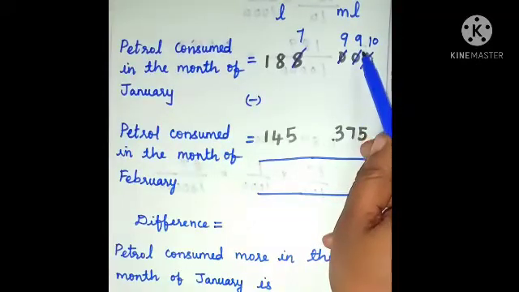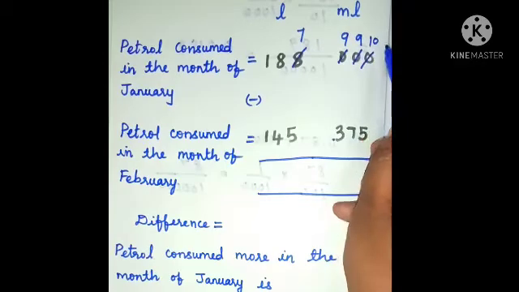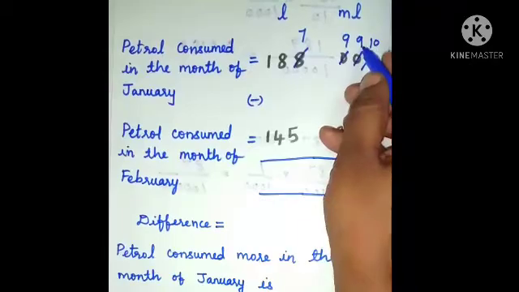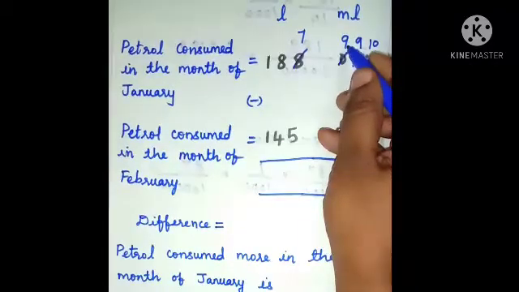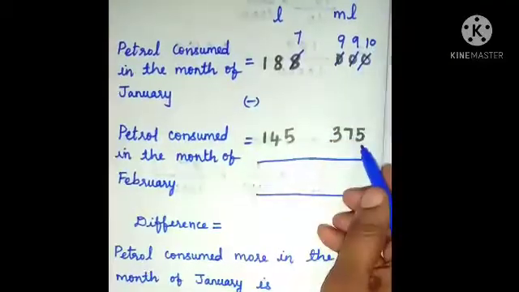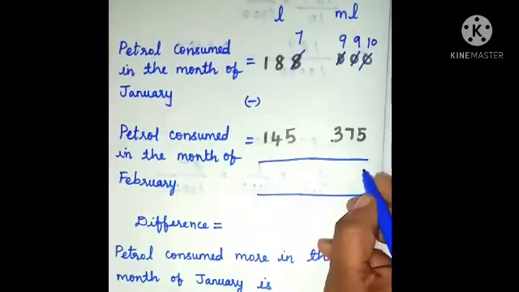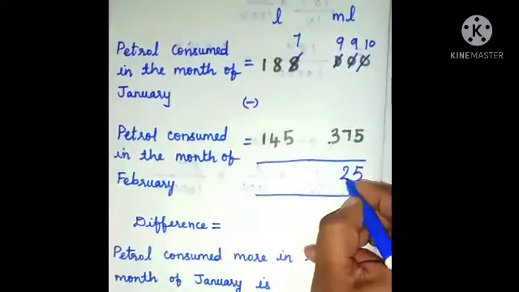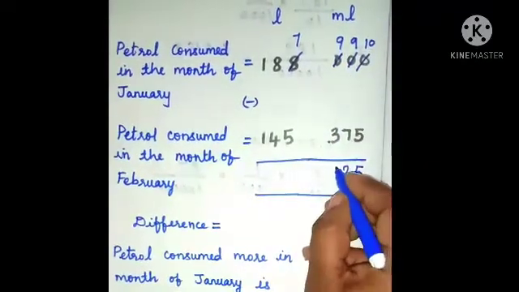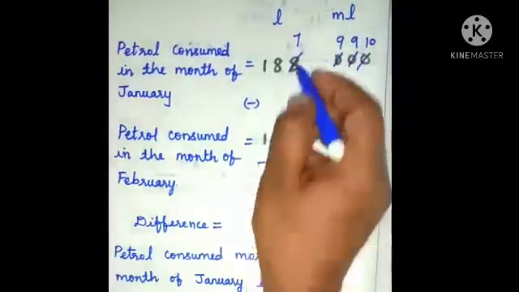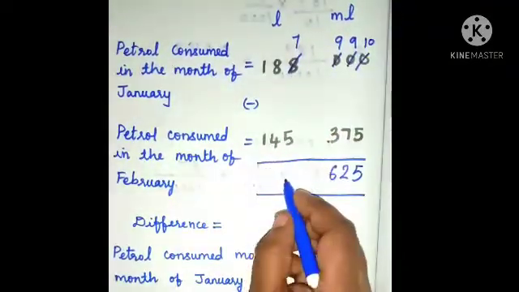That's why we are borrowing 1 from the 10th place. Here it becomes 10, here it becomes 9, and here it becomes 9, 8 becomes 7. 10 minus 5 is 5. 9 minus 7 is 2. 9 minus 3 is 6. 625 milliliters.